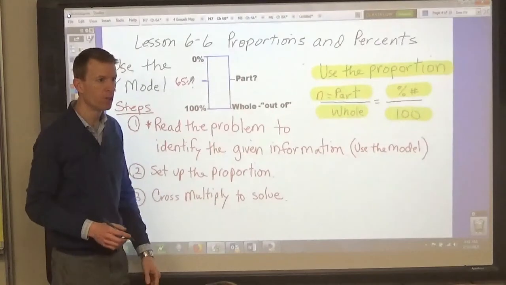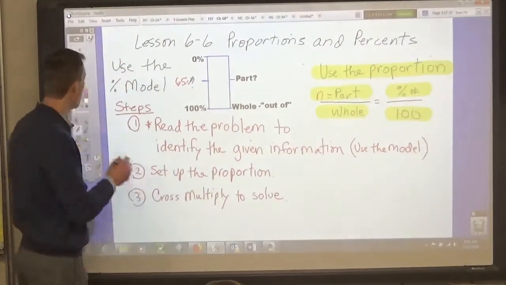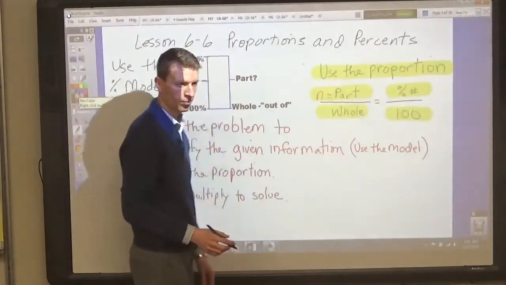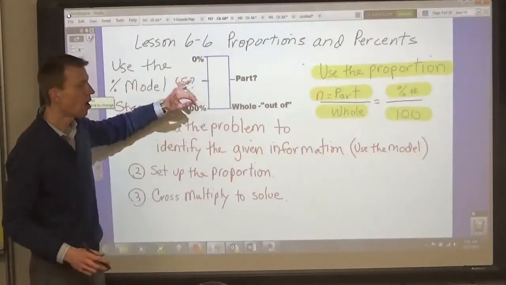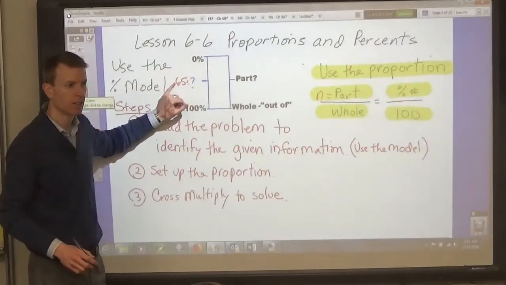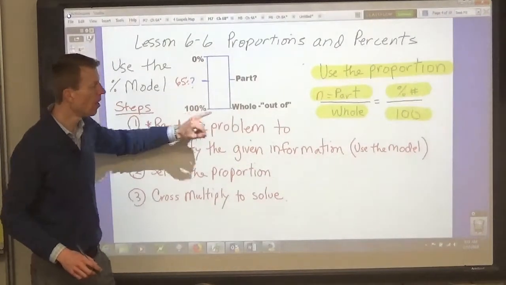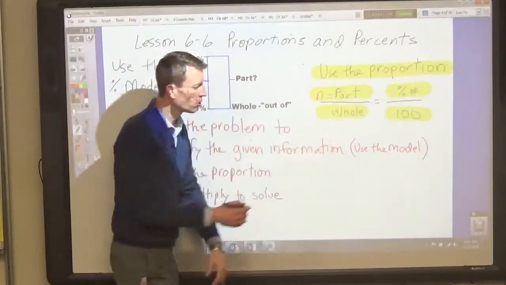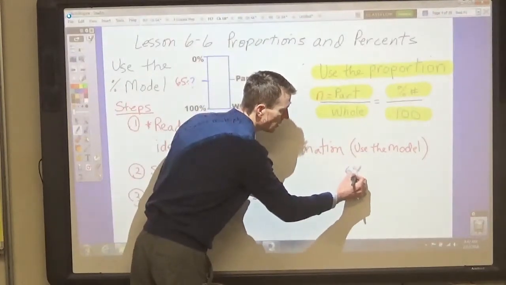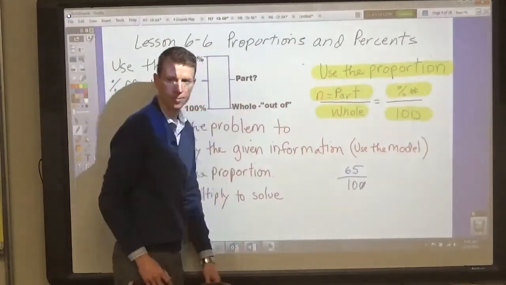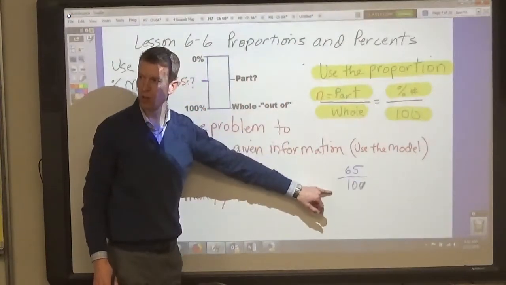And so then what we do is we put these numbers from the question into a proportion. And the proportion is always set up this way. The percent number is written over 100. So in the first one it says 65% of what number? And so that's the number that goes over 100.